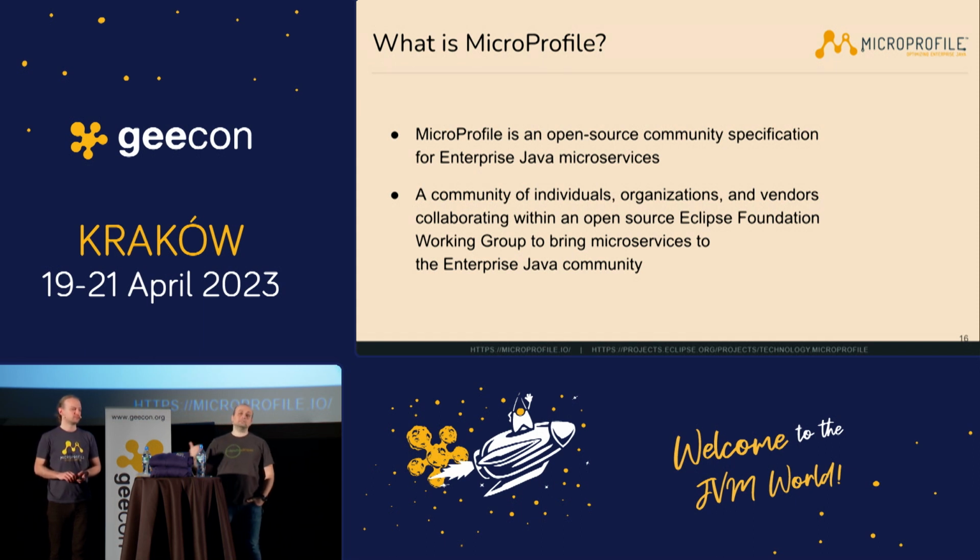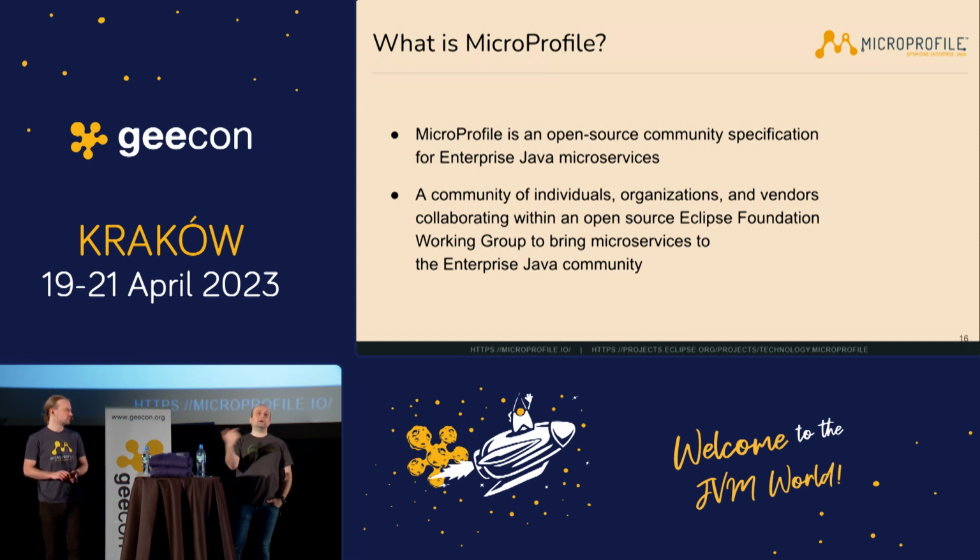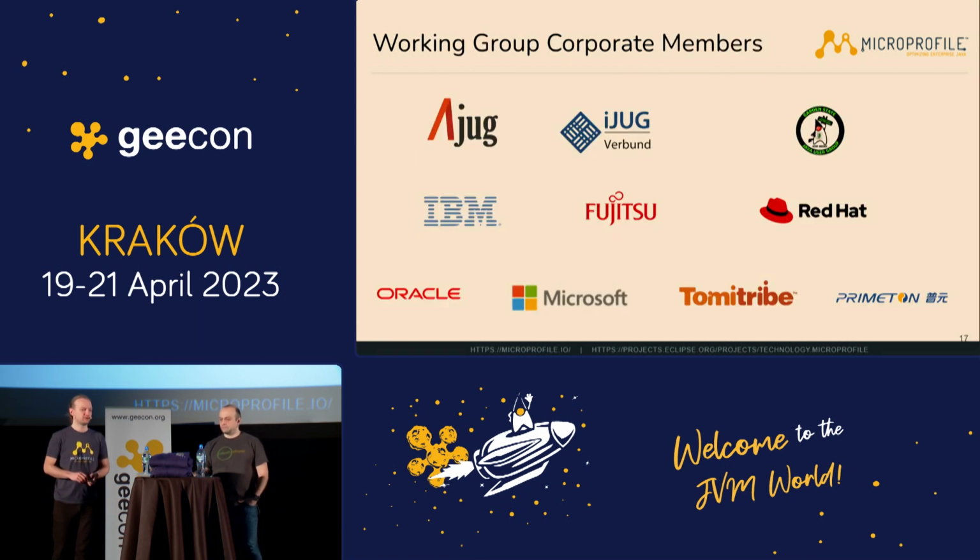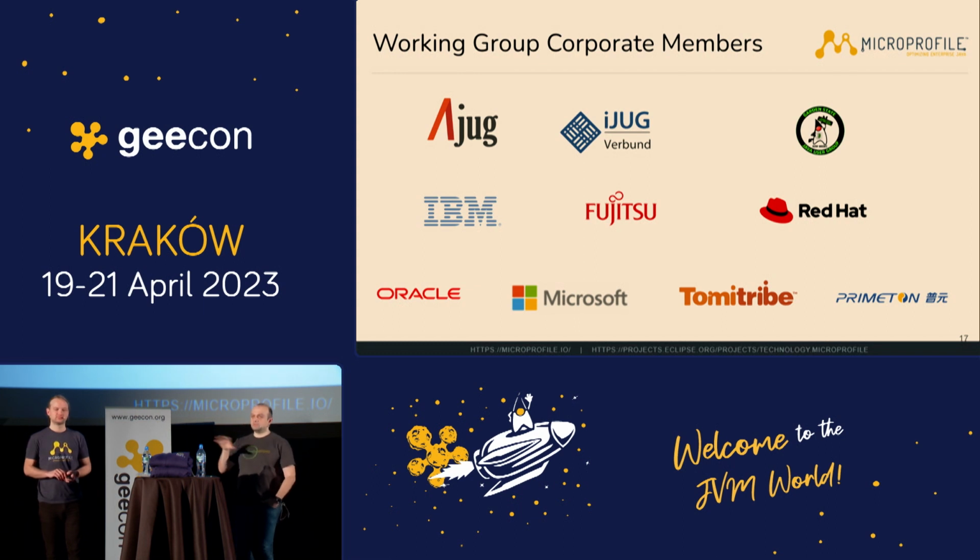That was actually started when there was not much happening around Java EE, and this was an initiative to start something that would modernize enterprise Java into microservices and so on. Working group, corporate members, so that's what we mentioned, all these communities and companies.